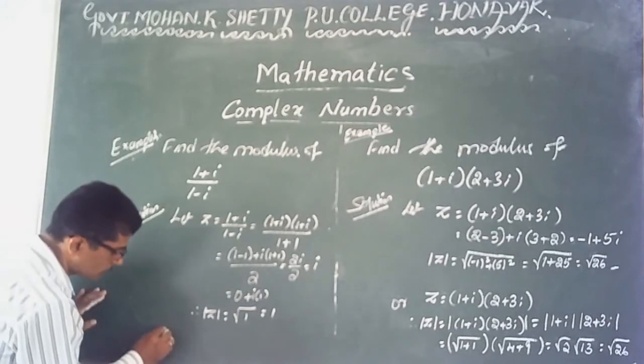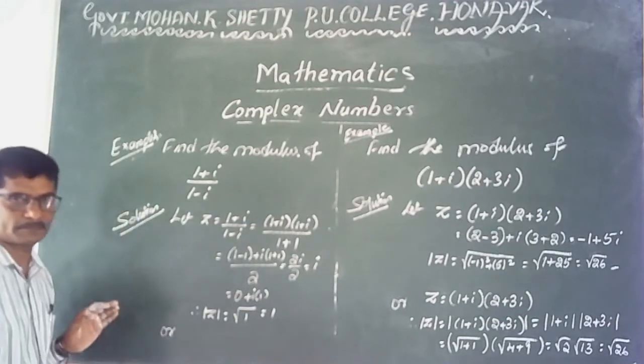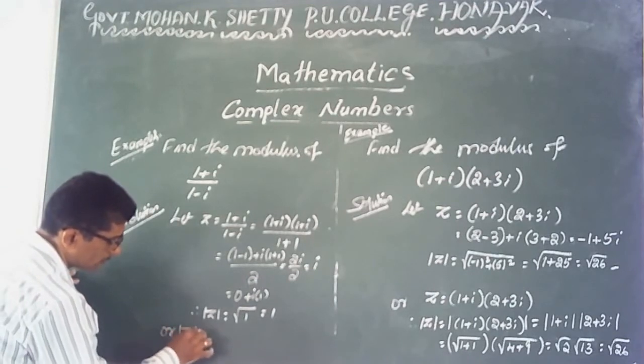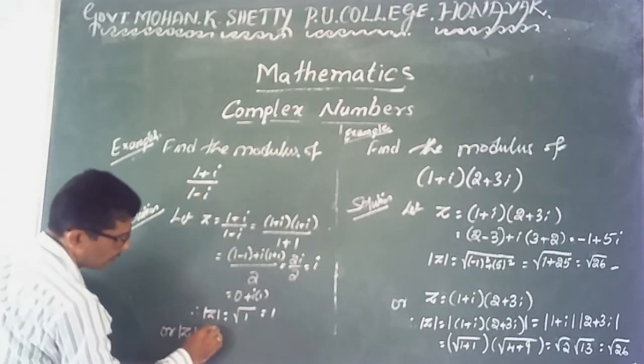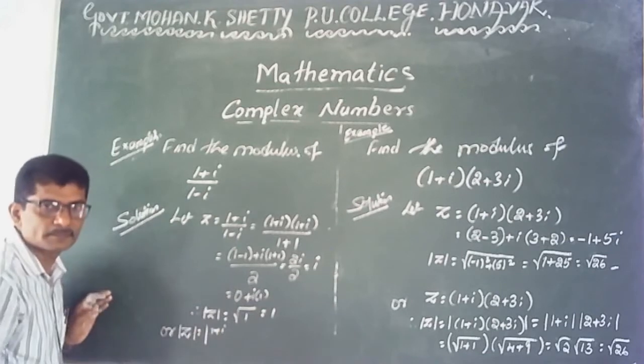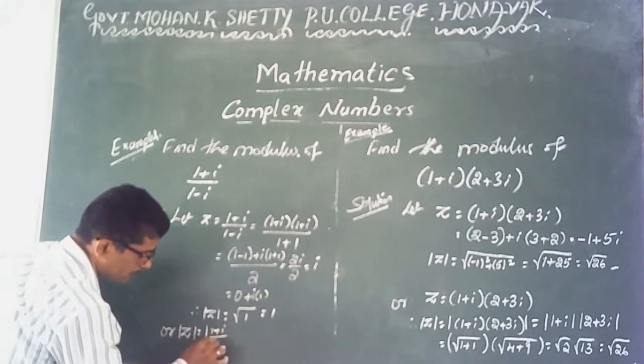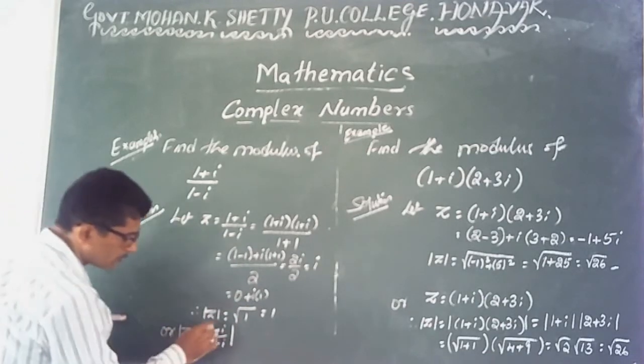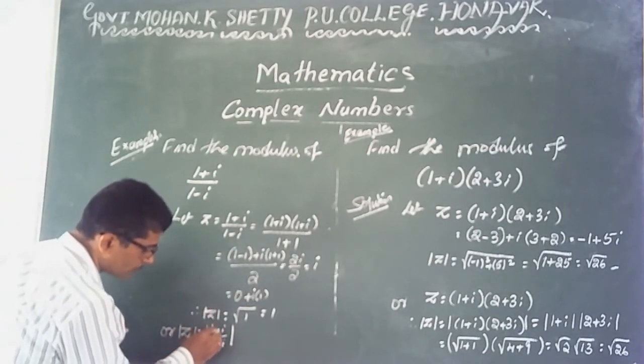Suppose here using the direct method. How to write? Modulus of z means modulus of 1 plus i divided by 1 minus i. It's clear? Modulus of the quotient equal to quotient of their modulus. Just remember.